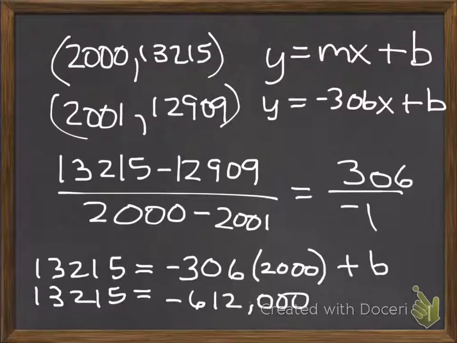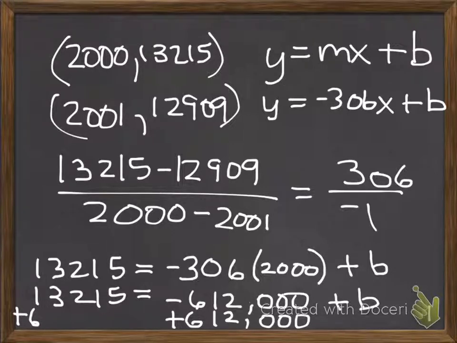So I multiplied negative 306 times 2,000 first, and then I'm going to get b by itself by adding the 612,000 to both sides.